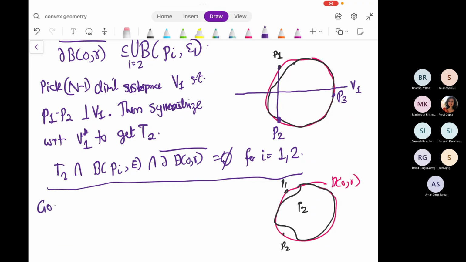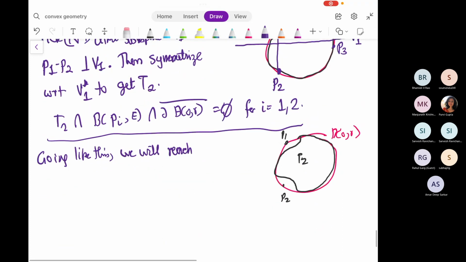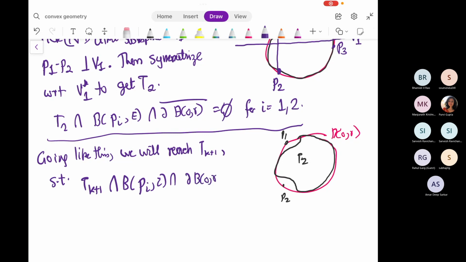So proceeding like this, we will reach Tk plus 1, having gone through T1, T2 on all those points, such that Tk plus 1 intersection the ball of radius pi epsilon intersection the boundaries is empty, for all i equal to 1, 2 up to k.